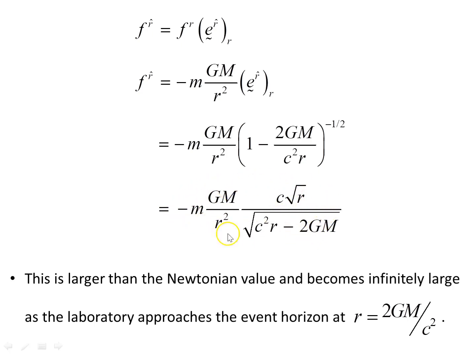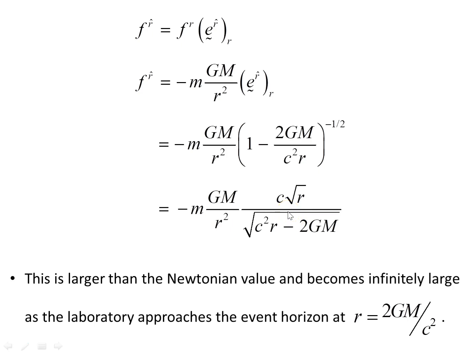It would have to be equal to this, but in the opposite direction. So that would have to be a plus, and it would have to be equal to this amount, not equal to the Newtonian amount. It would have to be equal to all of this to hold itself at a constant radius. That's the amount of thrust the engine would have to provide in the orthonormal basis observer's reference frame.